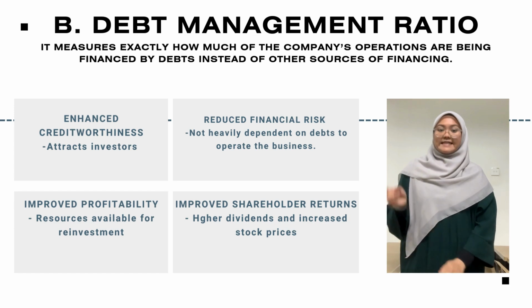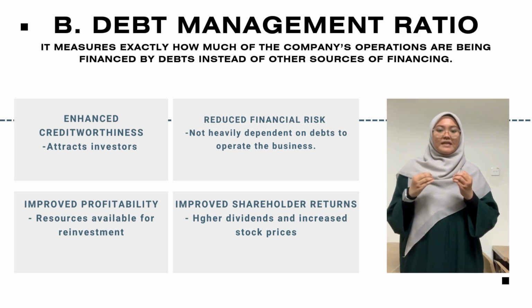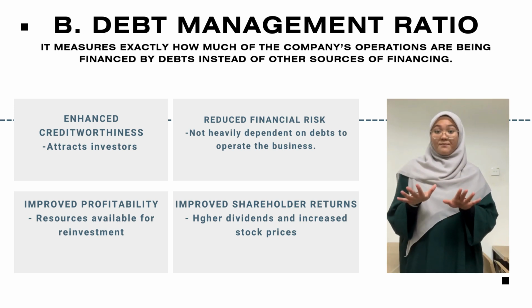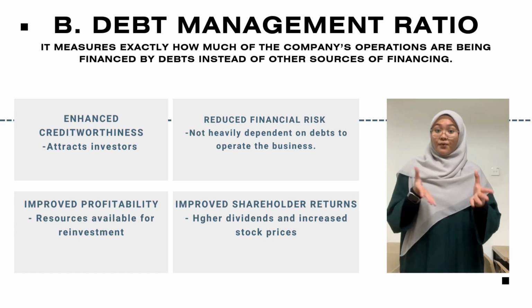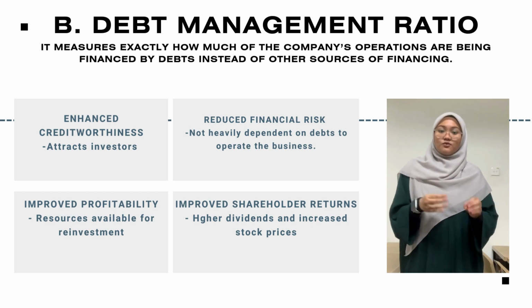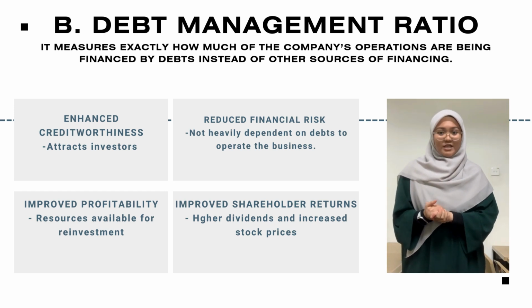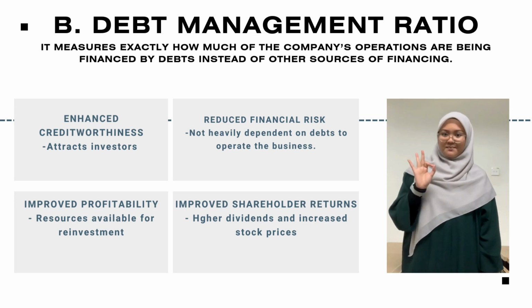The next importance is reduced financial risk. This means that the company that has a low debt management ratio is less reliant on debts to operate their business. This also means that they are less likely to default on their debt obligations. The third importance is to improve profitability.